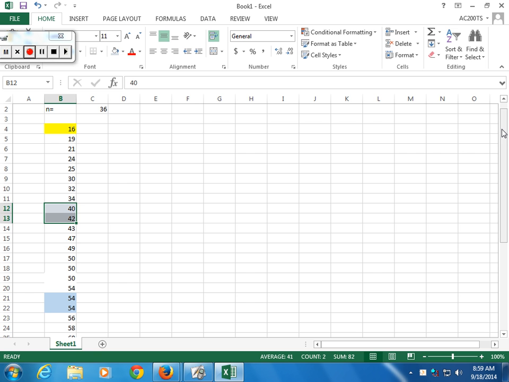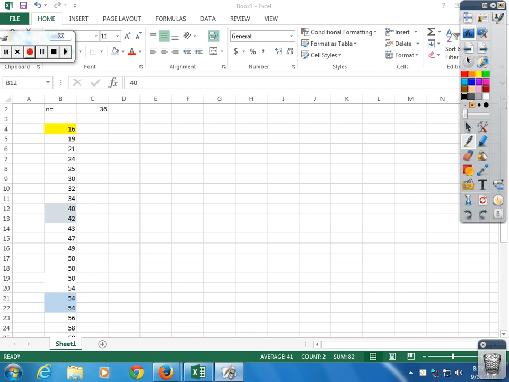I've shaded the min and the max, and then I've shaded 3 other areas. The min is 16, and the max is down there. And then I've shaded this area, and a third area. And this is what we call the 5-number summary.